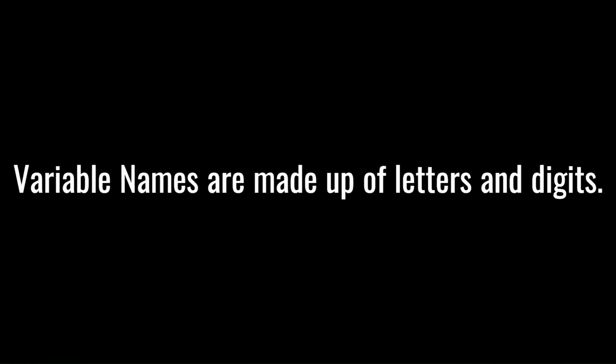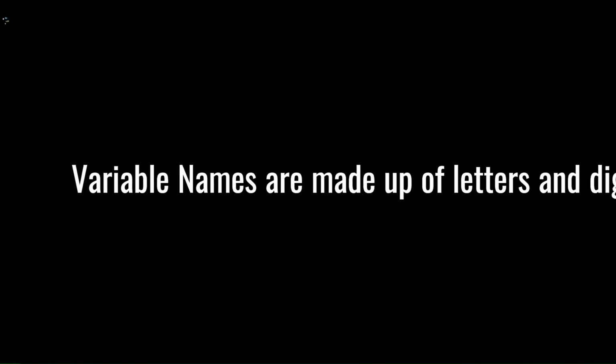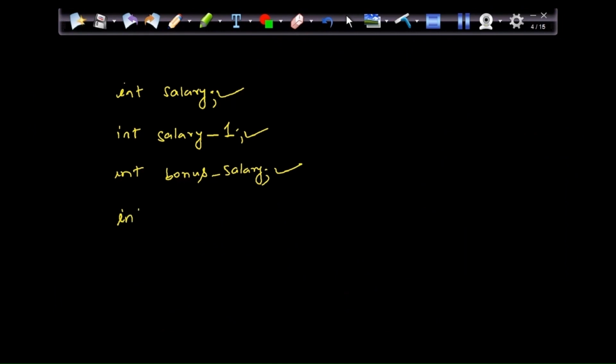When it comes to the naming convention of variables, the variable name cannot start with a digit. If you write int 1_salary, then this is not allowed. You cannot have a variable name starting with a digit. This underscore is a special character, right?